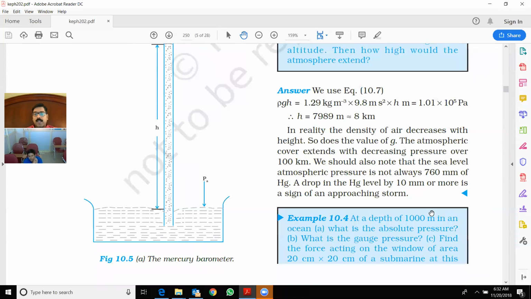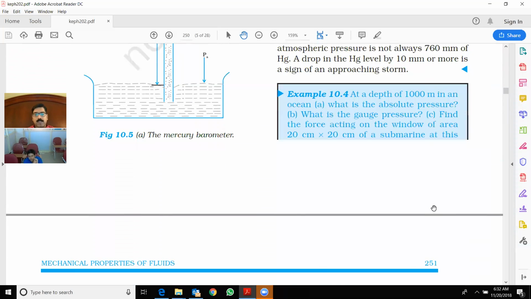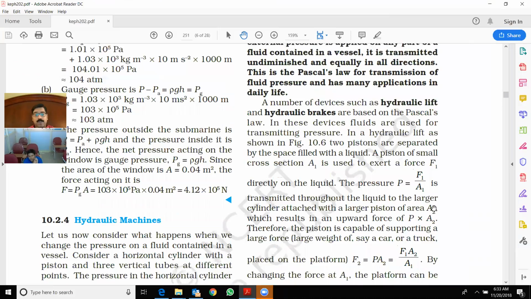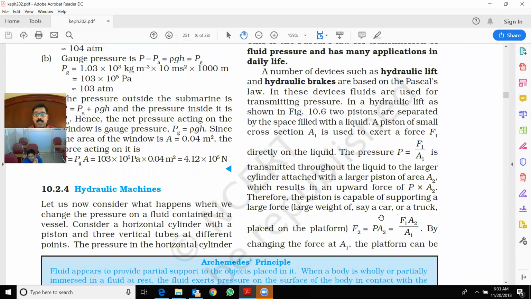Okay, so what I expect you to do now is attempt a few more related problems and then have a reading of the remaining sections. Hydraulic machine, for example, you might not have studied machines in your previous classes.